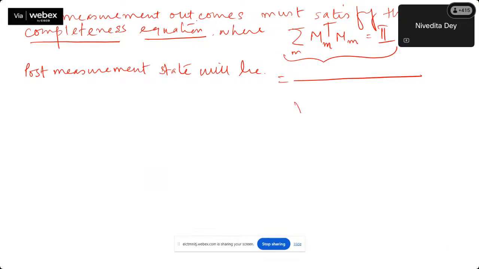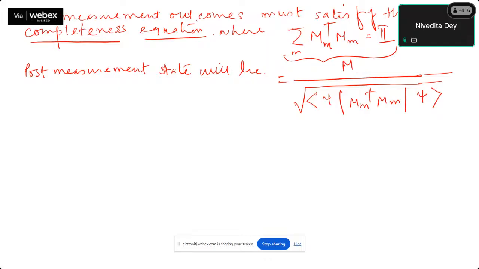So root over of this thing, because this will be just to adjust it in order to solve the completeness equation. So it will be psi, the entire thing, root over of that, just like 1 by root 2 ket 0 plus 1 by root 2 ket 1. So it's ket 0 divided by root over of 2 plus ket 1 by root over of 2. The same thing.